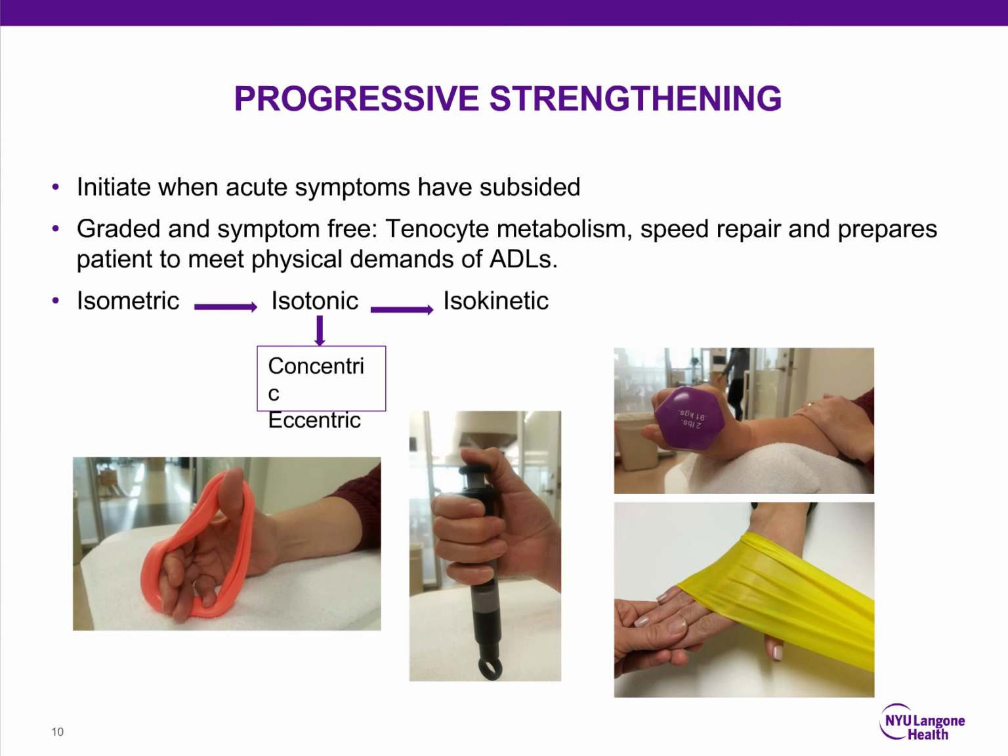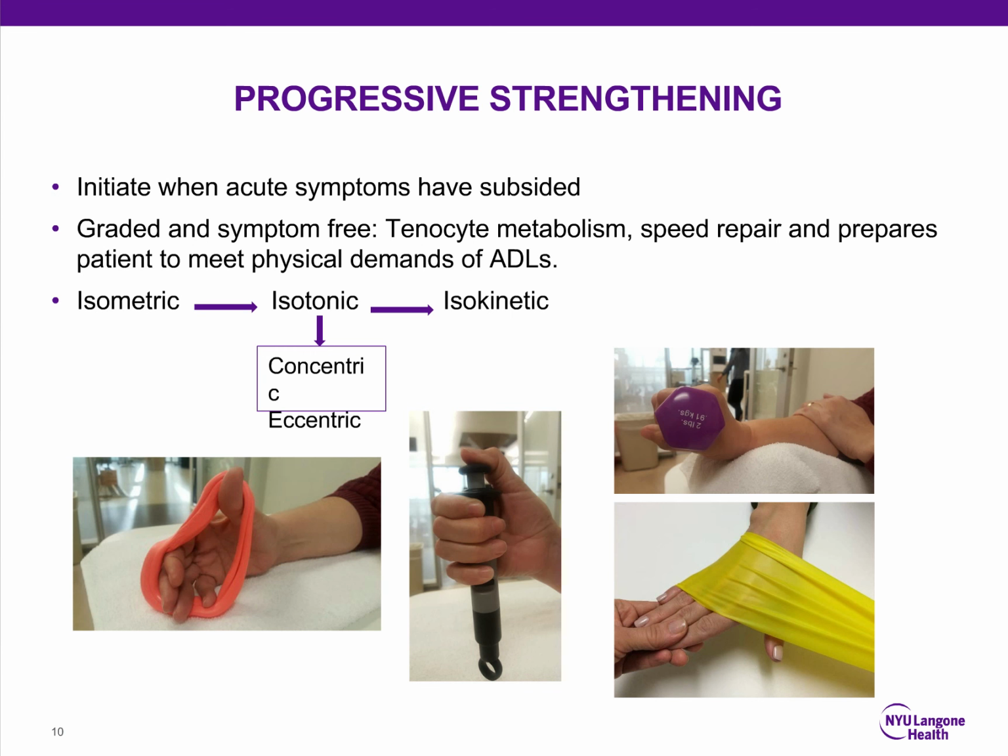When the symptoms subside, the pain and the swelling, we can start with progressive strengthening. When the strengthening is performed in a graded and symptom-free manner, we can help with speeding repair, and also we can have the patient prepared to meet the physical demands of daily activities.